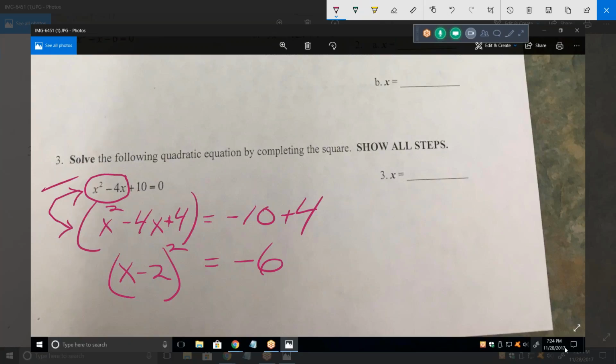Now what? You square it, right? And then square root both sides. If the term we're trying to solve for is x, I got to get rid of that exponent and I got to get rid of that 2. So the first thing to get rid of is the exponent. So when I take the square root of both sides, what do I get on the left?